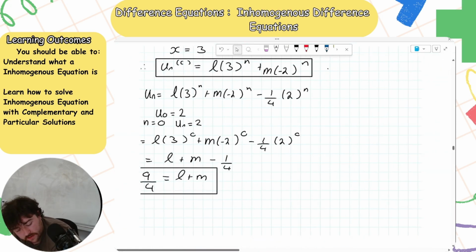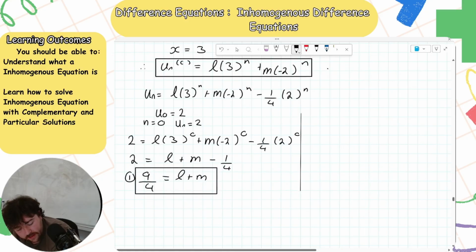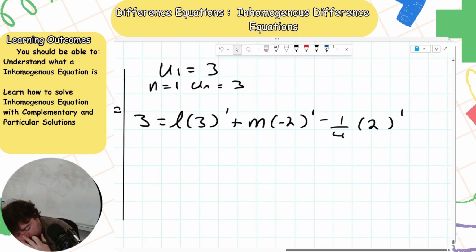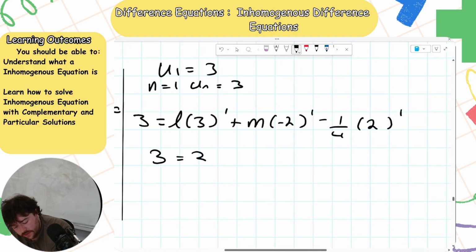And then my next one will happen at u1 equals 3. So when n is equal to 1, 3 is equal to L times 3 to the power of 1 plus M times minus 2 to the power of 1 minus a quarter times 2 to the power of 1. So it's going to be 3 equals 3L minus 2M, and minus a quarter times 2 is minus a half.